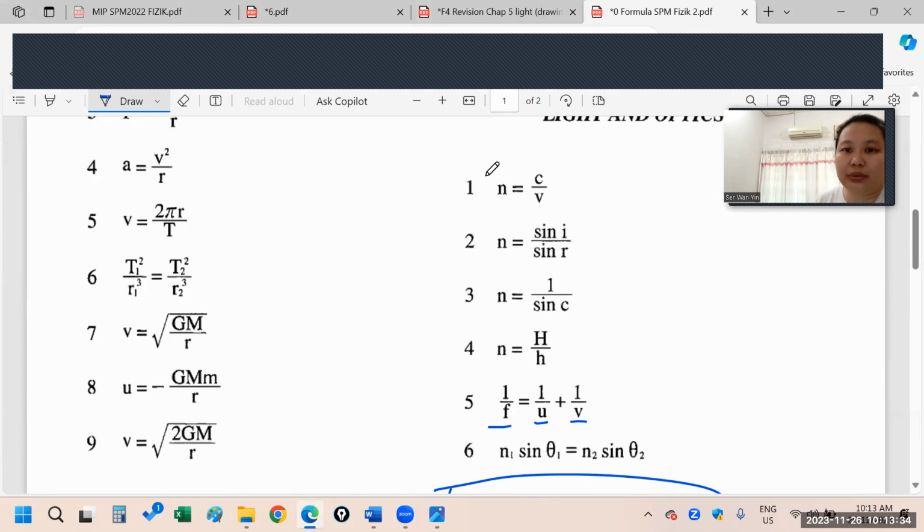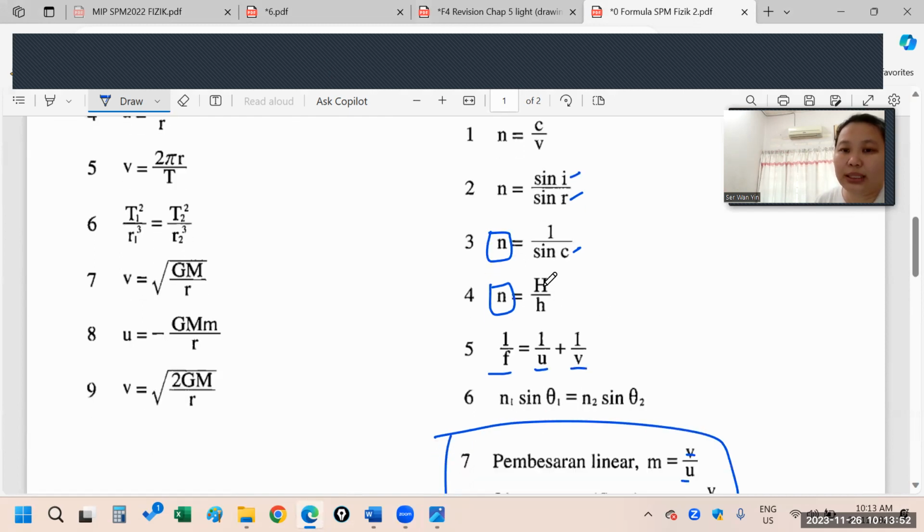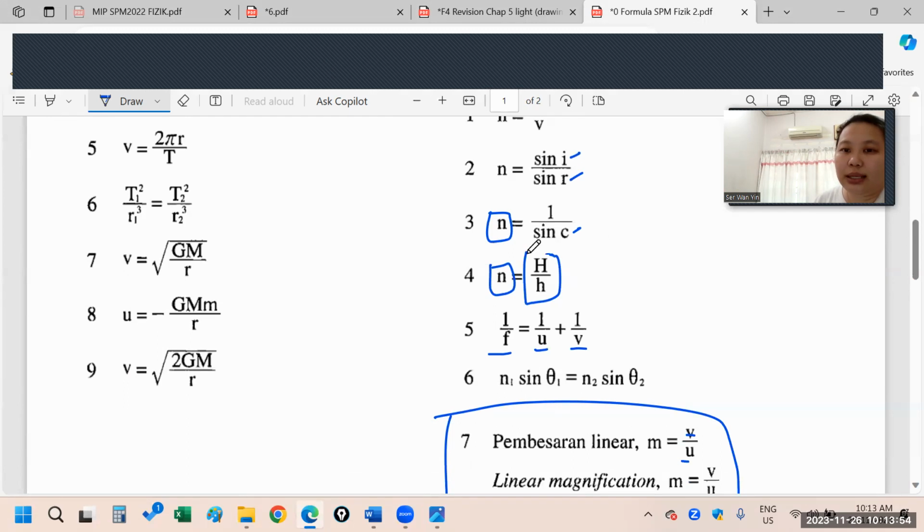Depends. Sometimes if they want you to find i or r or c, yes, n is given. And the refractive index for different materials are different.